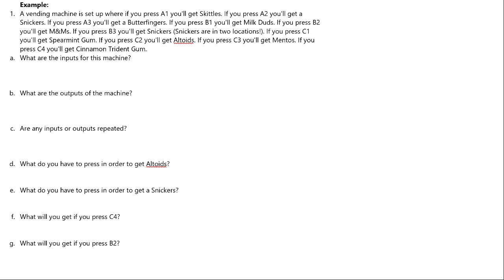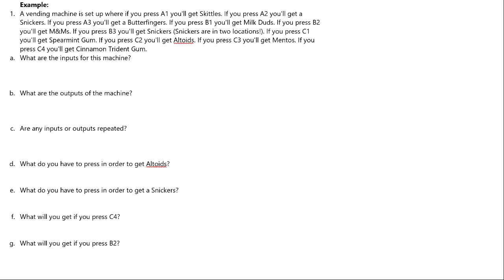Inputs and outputs, just like the words sound: an input is something you put into the machine, some information you give the machine. The output is what the machine spits out, the end result of what you get. In this vending machine scenario, the information you give the machine is through pressing the different buttons, so whatever button you press is the input.